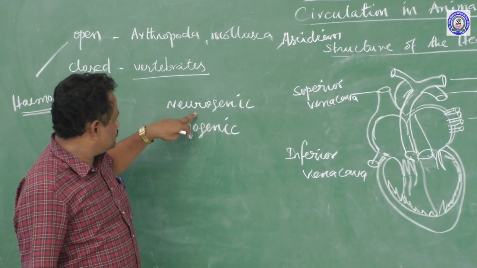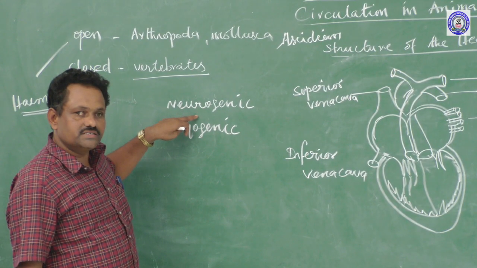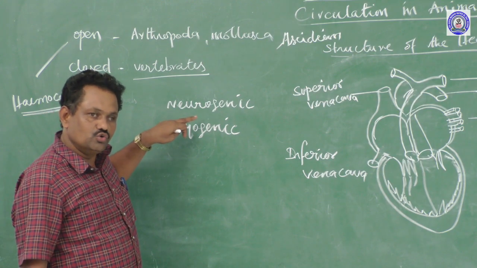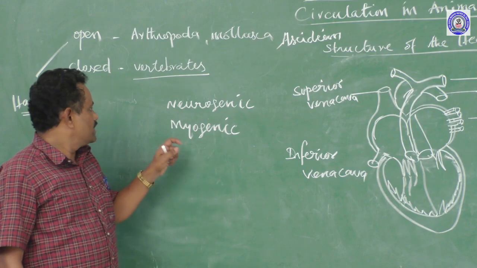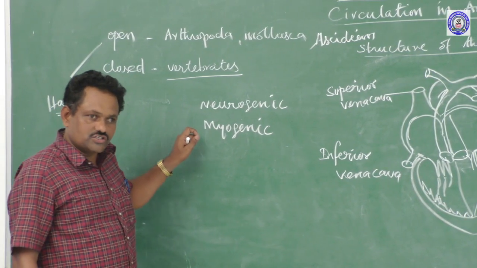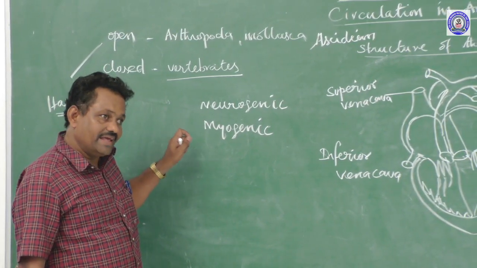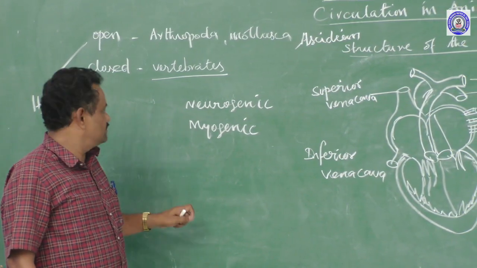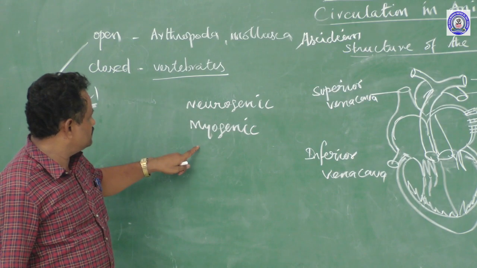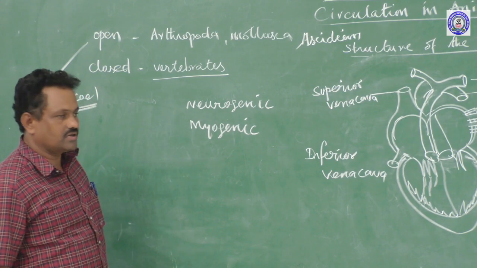But in the case of neurogenic heart, the heartbeat is initiated by the neuronal cells or nerve cells. So based on the place of the production of impulses, the hearts in animals are called neurogenic heart and myogenic heart.